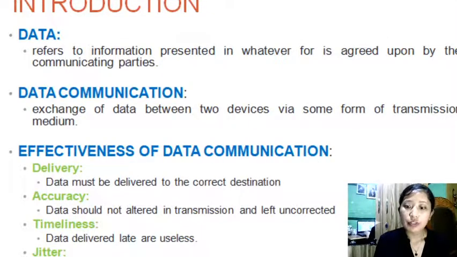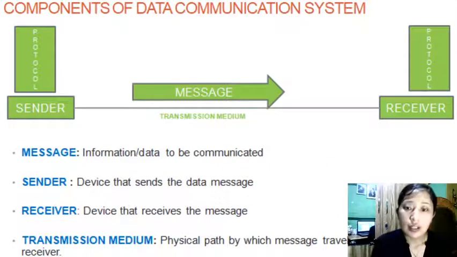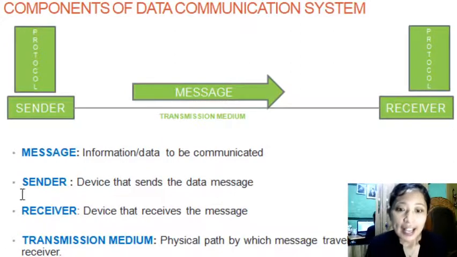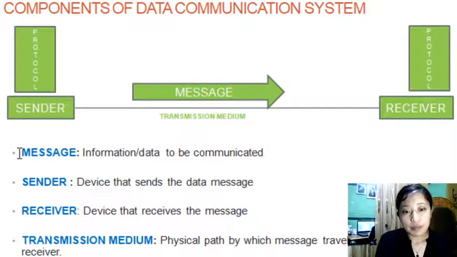Moving ahead, the various components of a data communication system are message, sender, receiver, transmission medium, and the protocol. These are the basic things we need to know before starting computer networks. The basic requirement of a computer network is to share data.